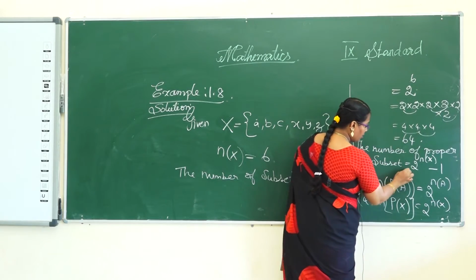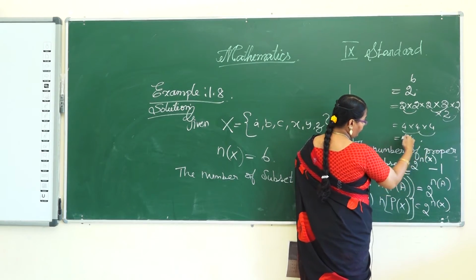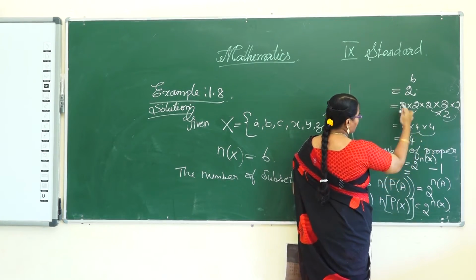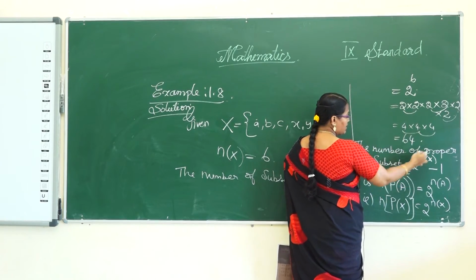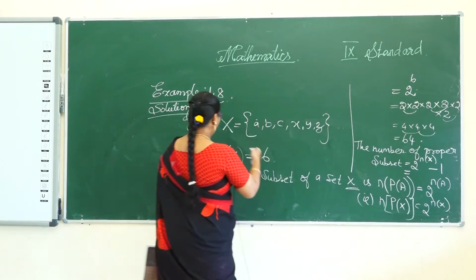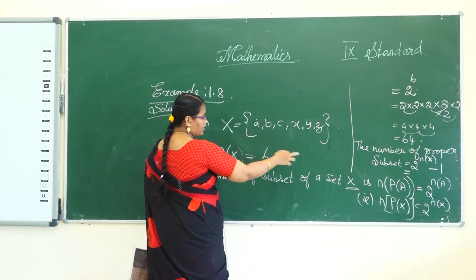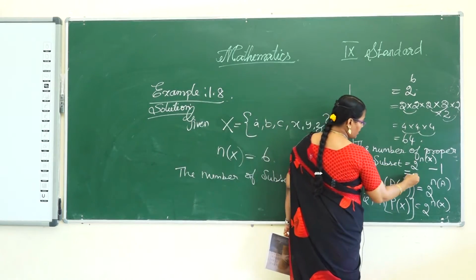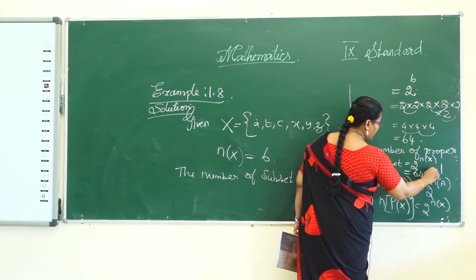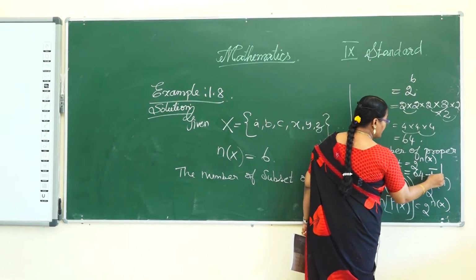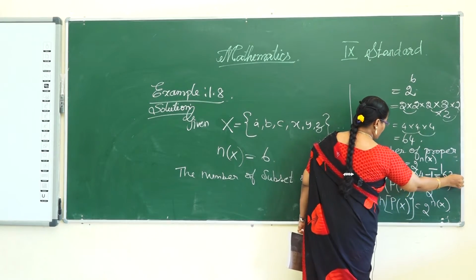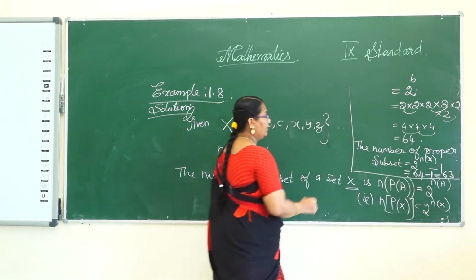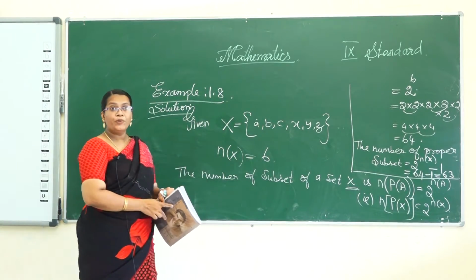So I already found the value of 2 power n of x. What is the value of 2 power n of x? That is the number of subsets. So the number of subsets value was 64. 64 minus 1 is 63. That's all. Okay. I hope you all understand.